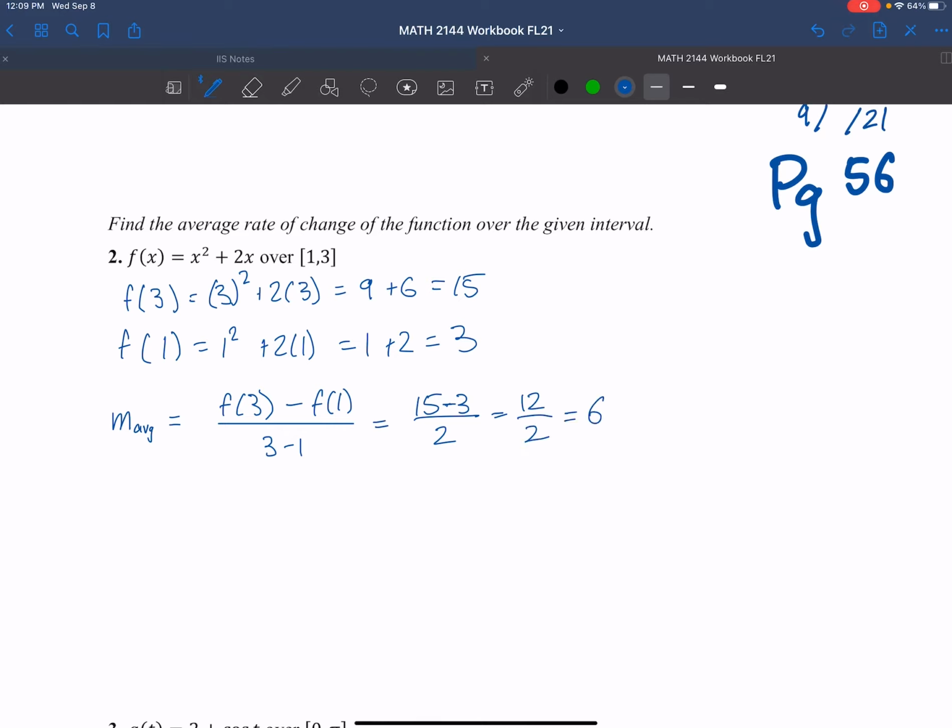All right, so here is the work, at least the computation. I don't have the graph or anything up with this one right now. But when you find the average rate of change, what you should find is that you get an average rate of change of 6. How many got that as their average rate of change?